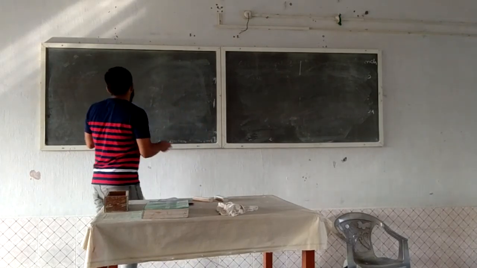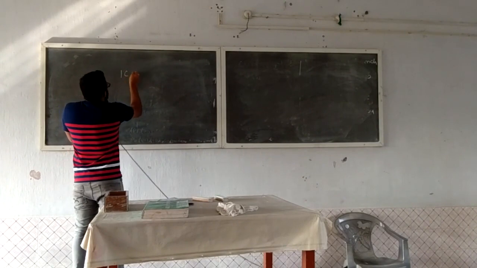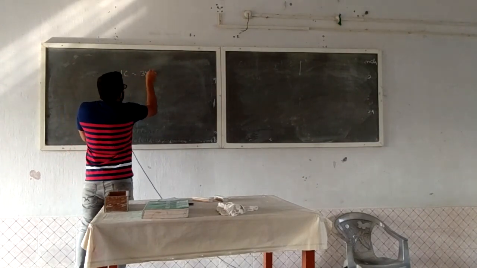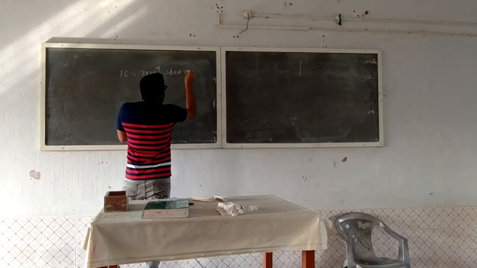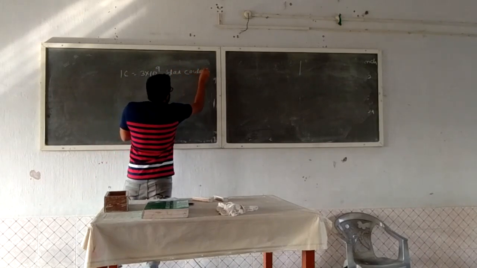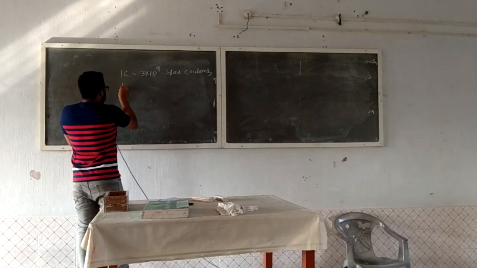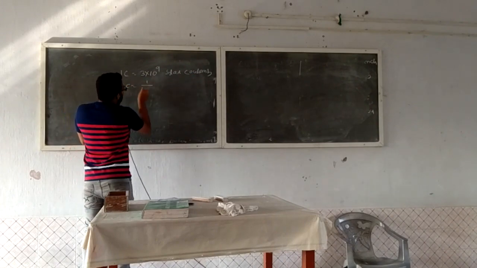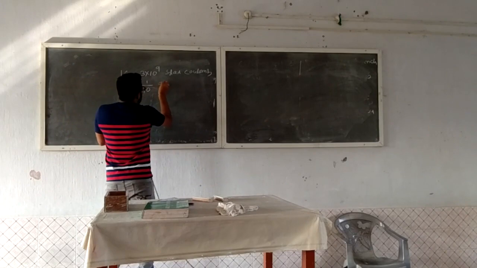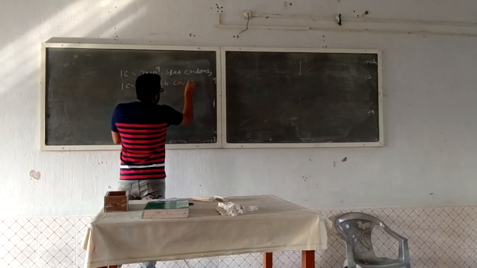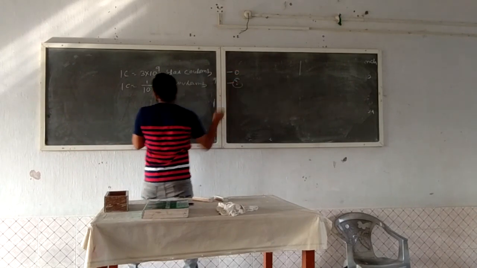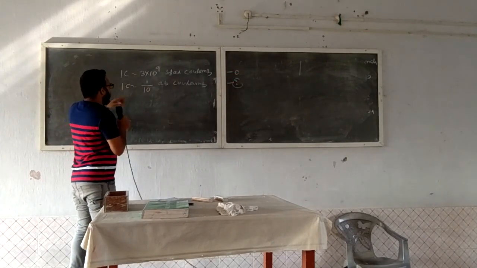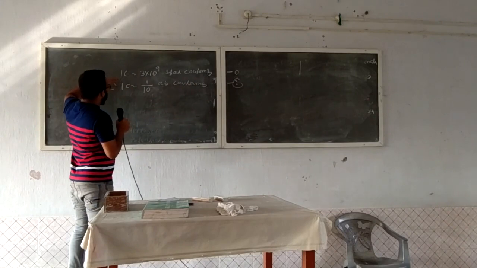Okay? 1 coulomb equal to 3 into 10 to the power 9 statcoulomb. Similarly, 1 coulomb equal to 1 by 10 F coulomb. From equation 1 and 2, here see, the LHS are equal.